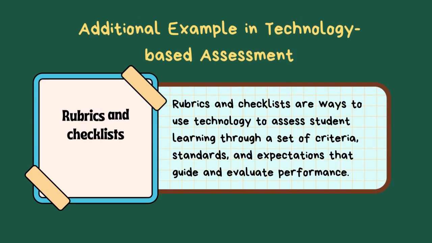Another example is rubrics and checklists. Rubrics and checklists are ways to use technology to assess students' learning through a set of criteria, standards, and expectations that guide and evaluate performance.